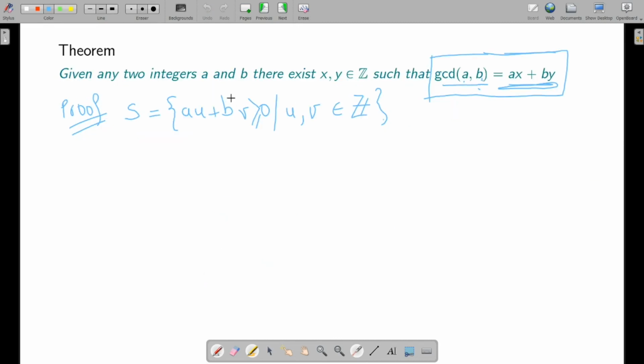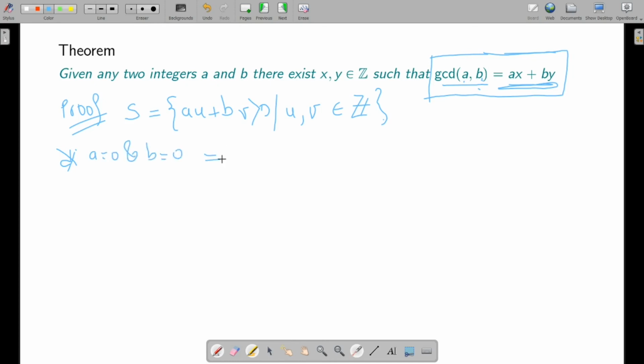So let's look at this proof in two parts. One is the obvious part, that is, if both A and B are 0, so A is equal to 0 and B is equal to 0.